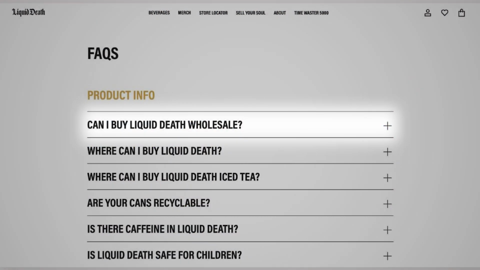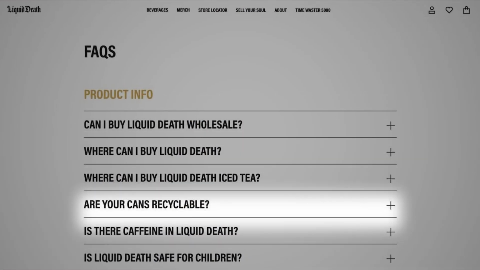Now, FAQs on your product pages are usually located towards the bottom of the page. And what you want to do is look at which questions people click on the most. Naturally, the questions that people click on the most give us cues as to what the most popular questions are that people have.